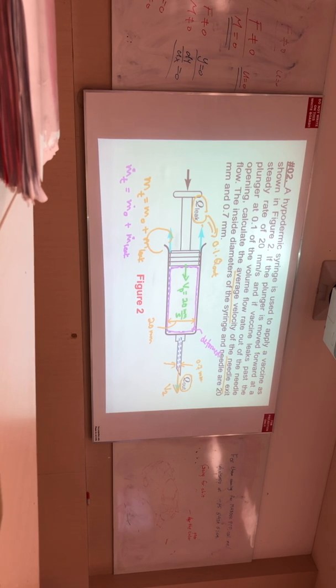The mass balance tells me this. And from there, is it the same fluid or different fluid? Same fluid. Then I can write Q total is equivalent to Q at the outlet plus Q leak.